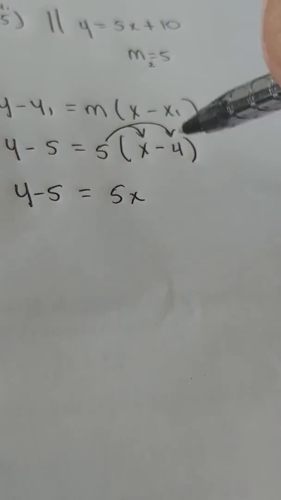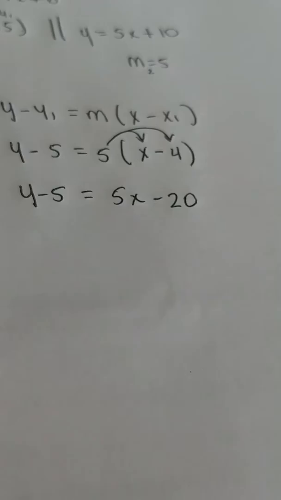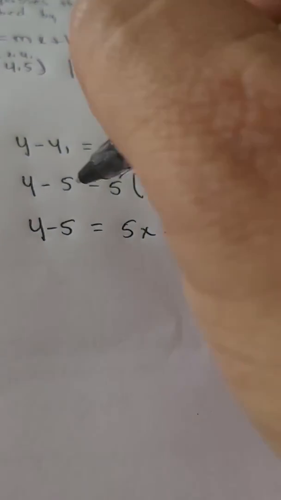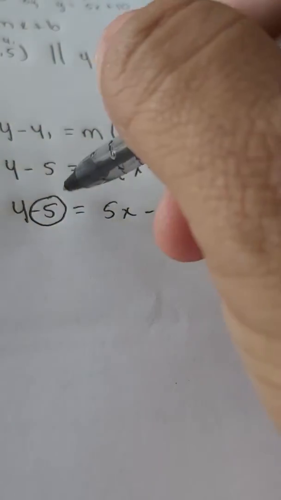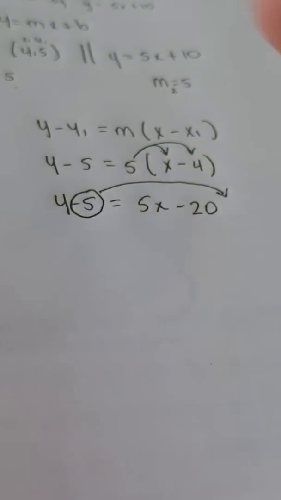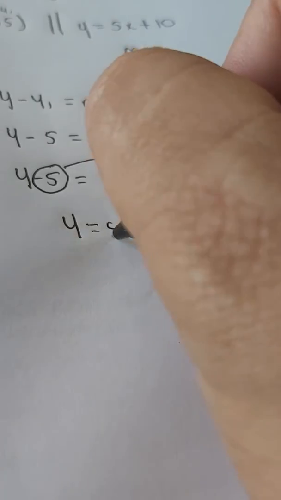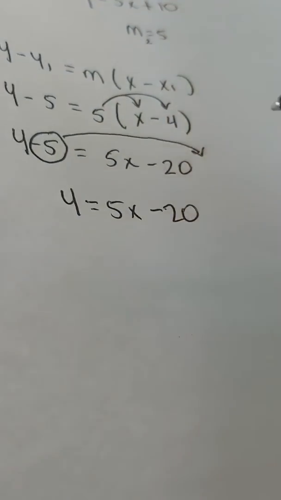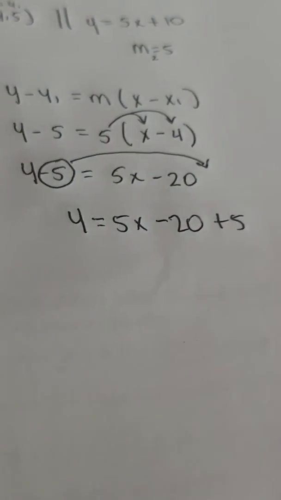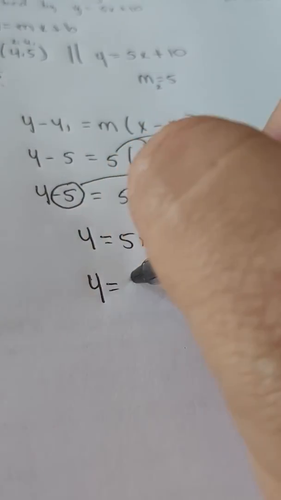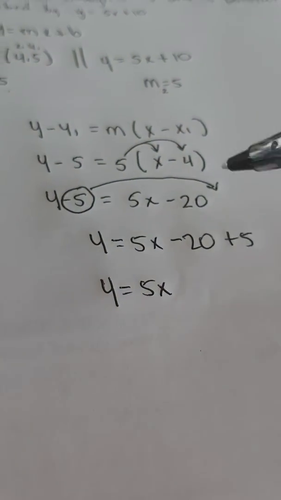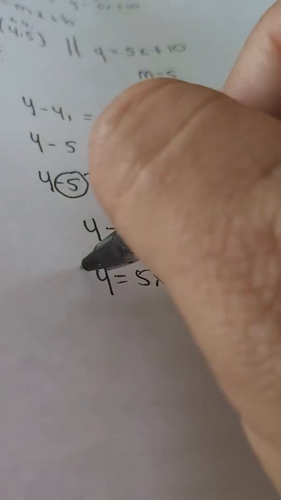So we get y minus 5 equals 5 times x, 5x, 5 times -4, -20. Now we get y by itself, passing -5 to the other side of the equation. Now we get y equals 5x minus 20 plus 5. y equals 5x, -20 plus 5, that's -15.